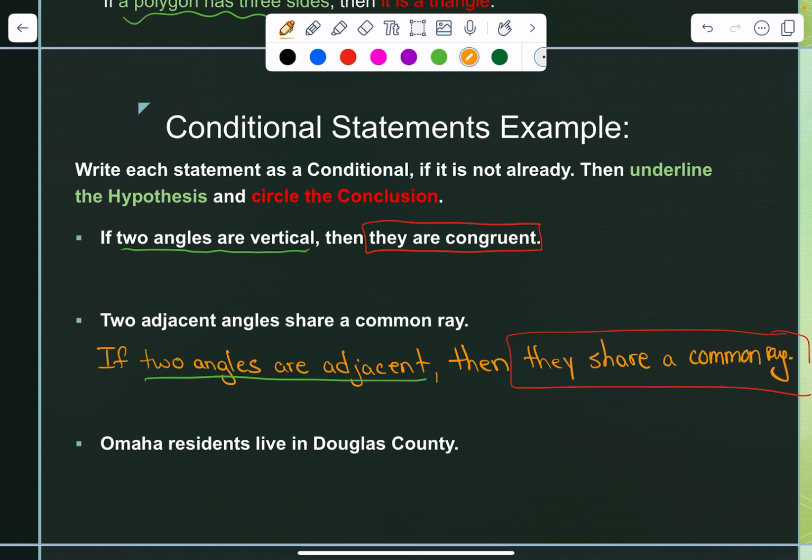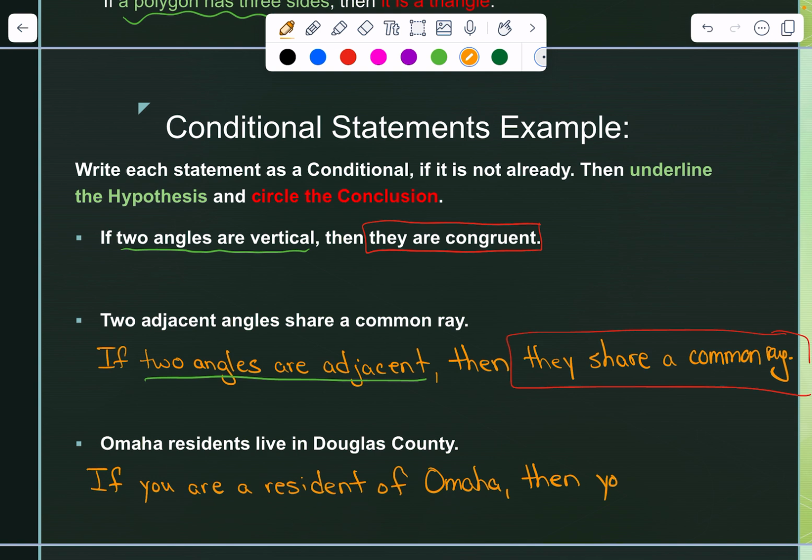Okay, let's try another one. Omaha residents live in Douglas County. So, if you are a resident of Omaha, then you live in Douglas County.